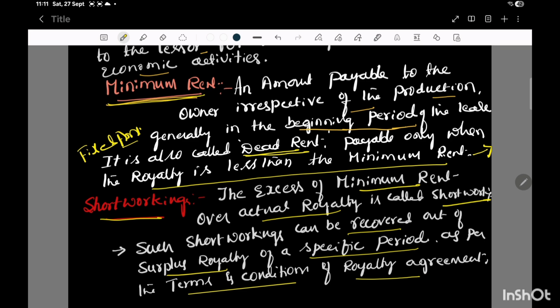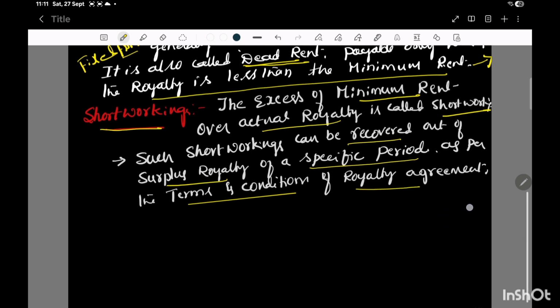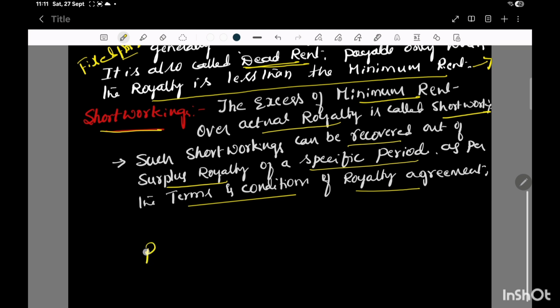Those are the important terms, minimum rent and short workings, that you have to know, and how the short workings can be recovered. Based on that, you are going to prepare the royalty analytical table.